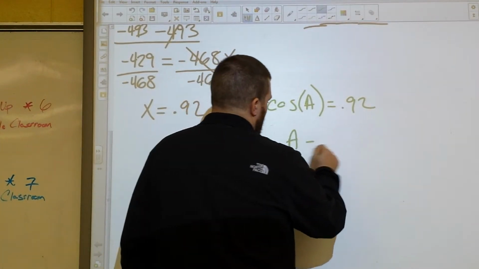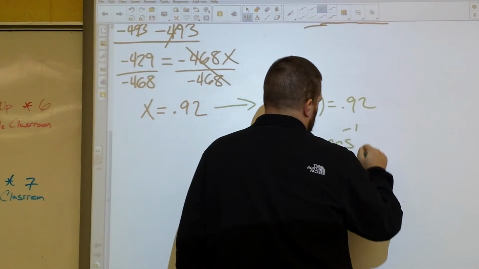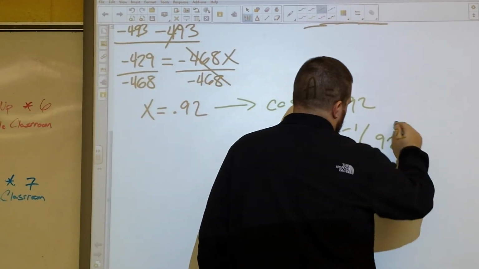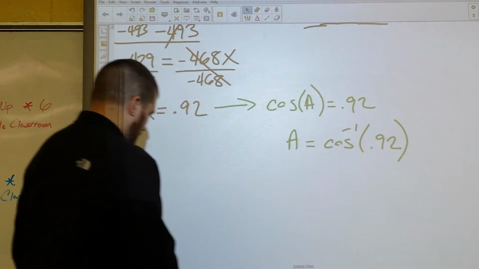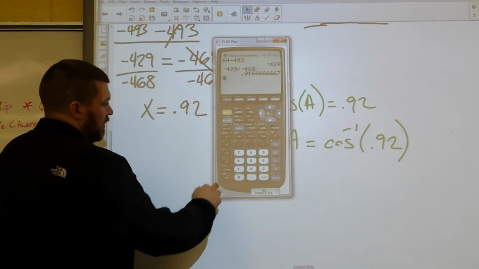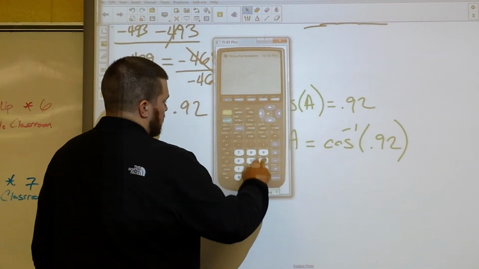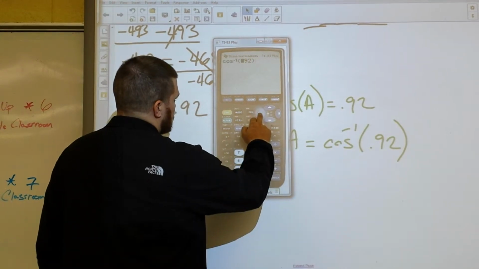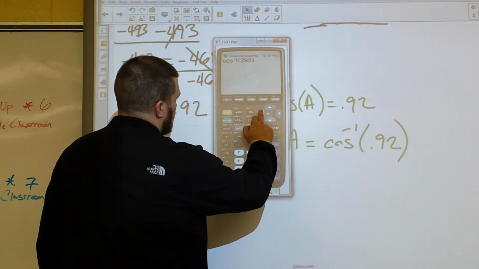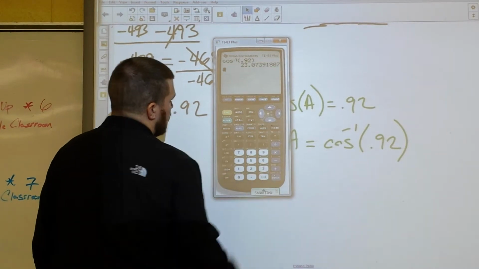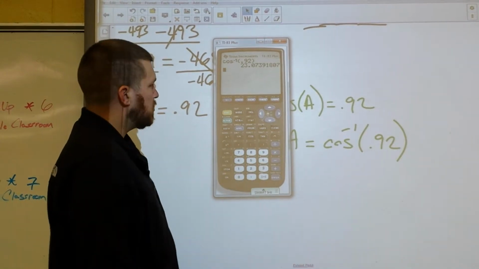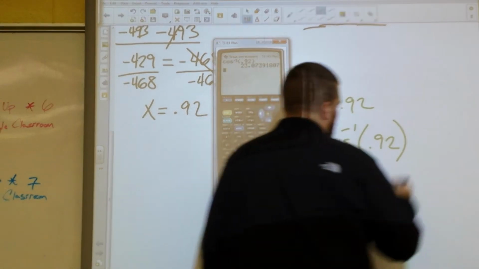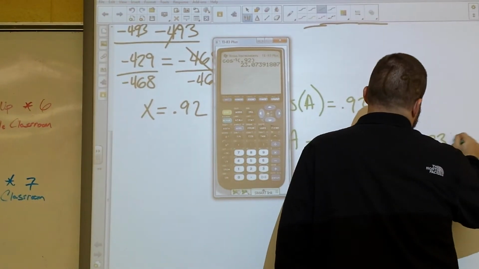So angle A is equal to cosine inverse of 0.92. And now I'm still in degree mode, so second cosine, 0.92. Enter. And I get about, going to the nearest whole degree, angle A is about 23 degrees.